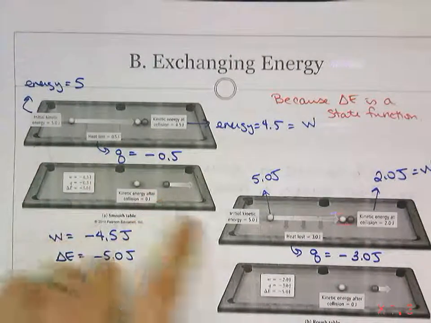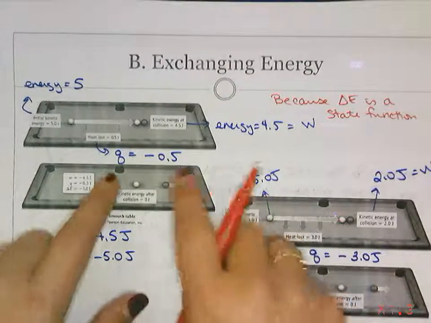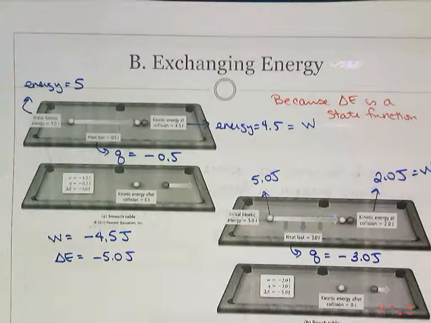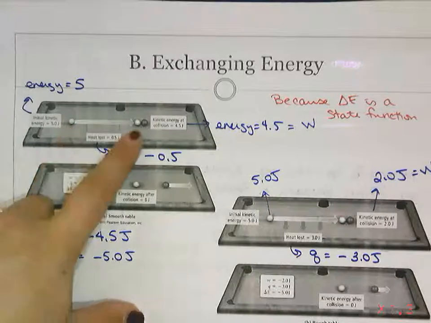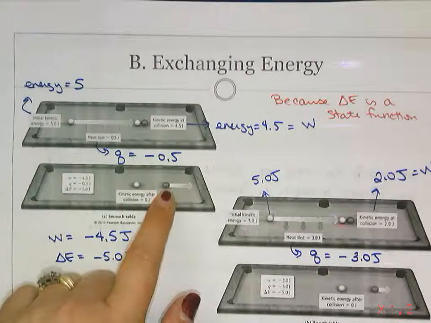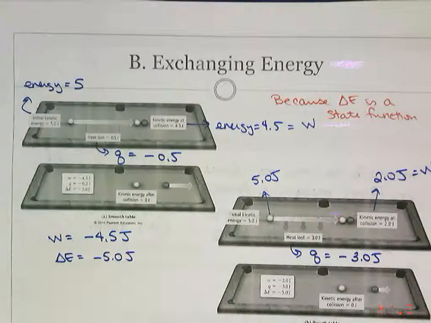Doesn't matter the amount of Q and W, as long as they come together to be 5. The negatives are going to be confusing. It just tells me who's getting the energy. So in this case, it goes from 5 down to 0, but it means that this guy went from 0 up to 5. It's just telling me who owns the energy right then. Still confusing? Okay.